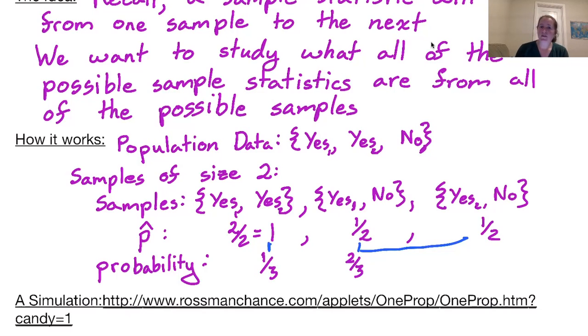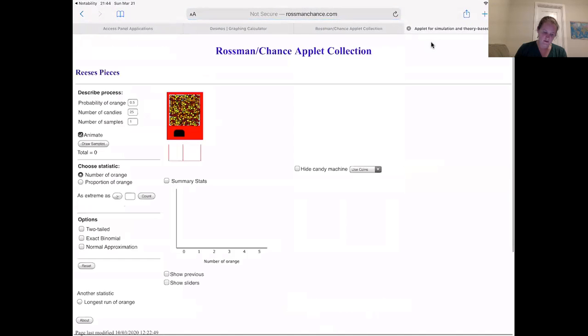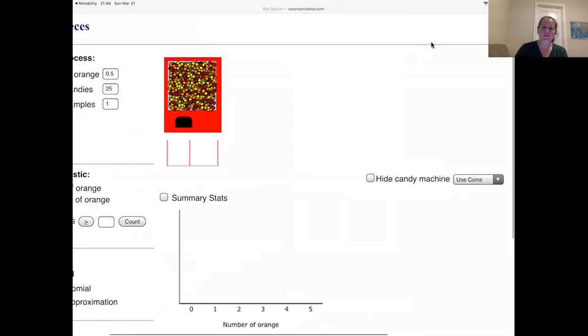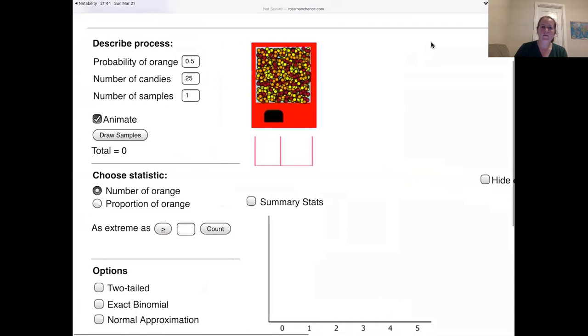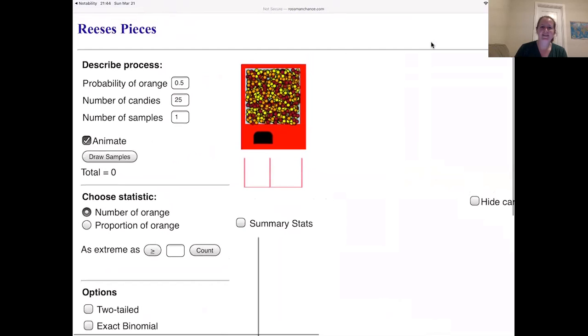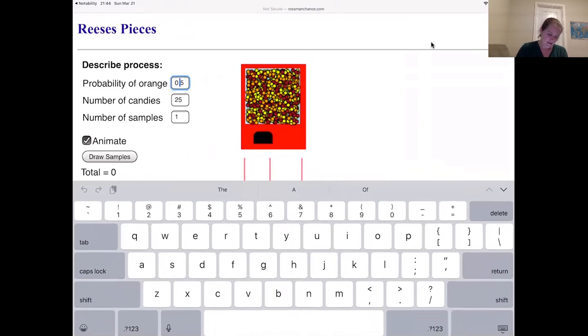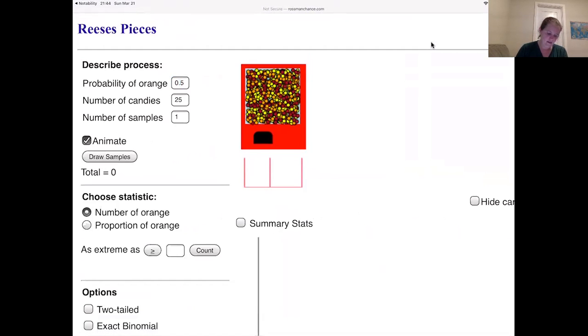So we're going to do a simulation for this with much more data. So if we switch over, here's an applet. We're looking at Reese's Pieces. In this case, let's say that half of the candies are orange, and let's just look at samples of size 25. So 25 candies in our sample.